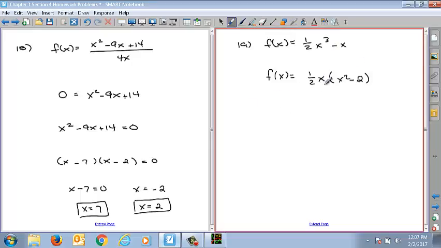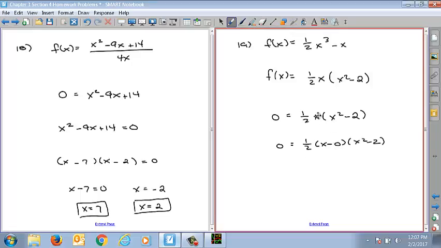So just like the first problem, we set the value of the function equal to 0 and ask what values of x make that true. So we have actually 3 solutions because we really have 1/2 times x minus 0 times x squared minus 2. I put the 0 in there so it looks just like all these other ones.